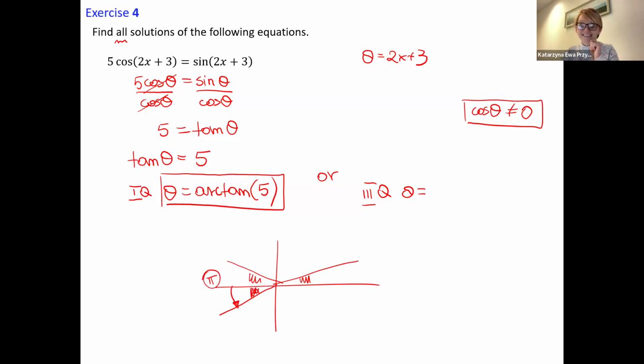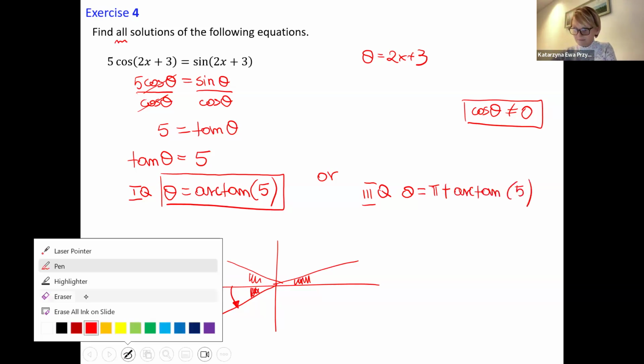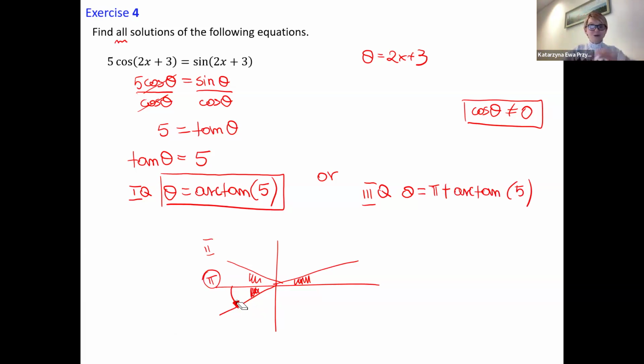Subtract or add? This is the second. We have to add, yes. That means we will take pi plus that first quadrant angle, arc tangent of 5. Okay? Yes, I will erase because we are actually adding. That means you will know how to deal with this.